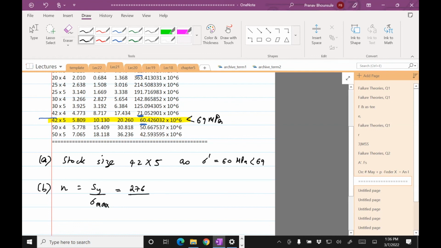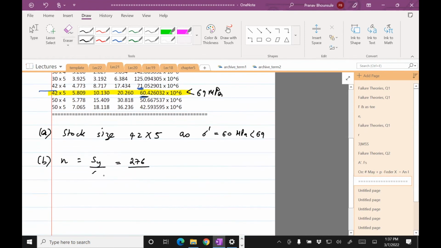And the maximum stress now is 60.4, not 69, because we're going to use a stock size of D cross T of 42 cross 5.